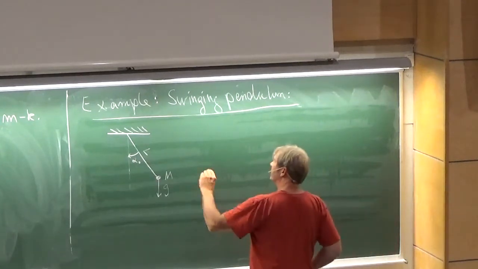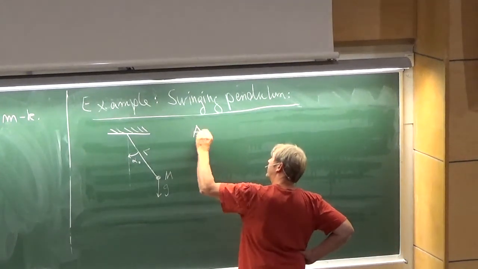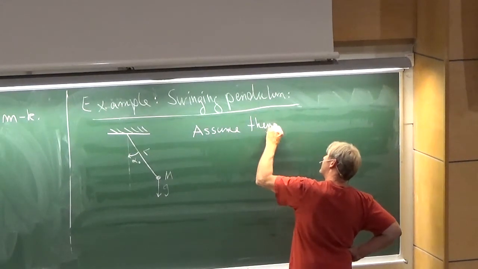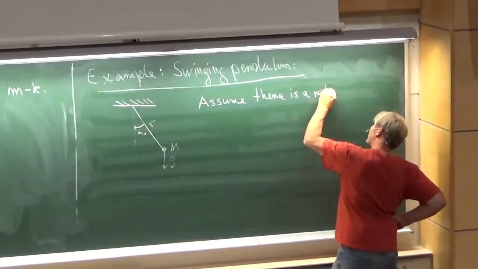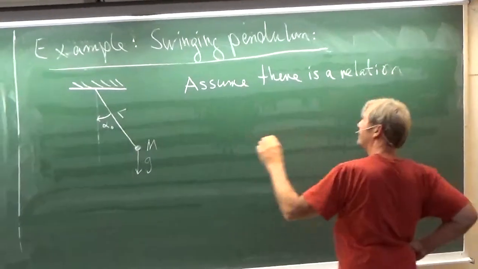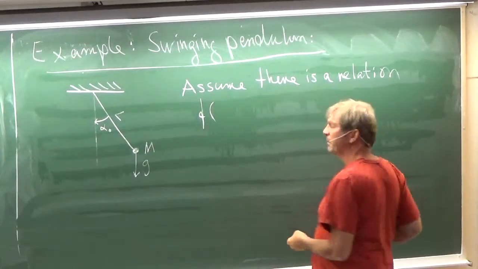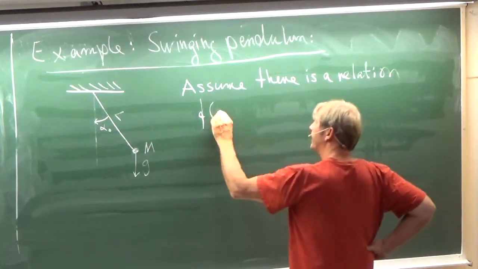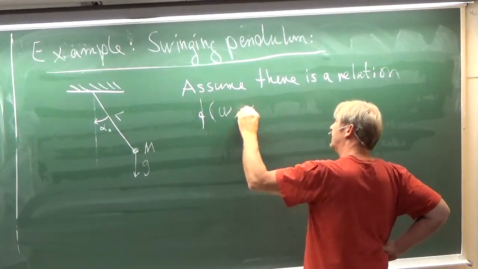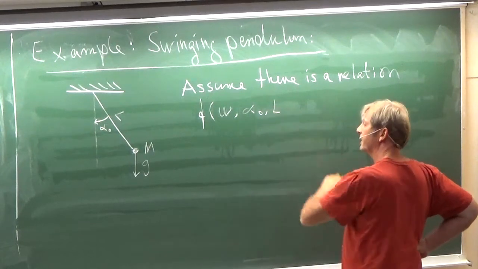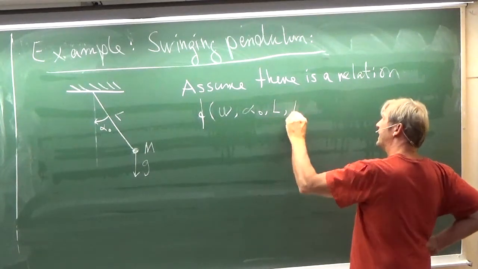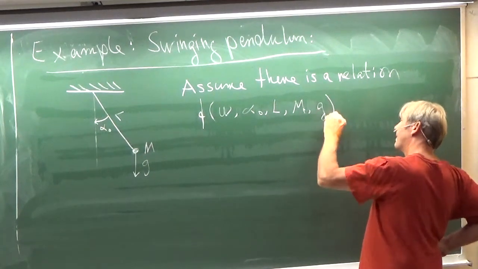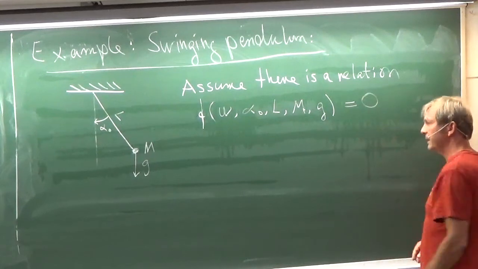We will assume that there is a relation between the frequency, that's the one we find, some function of the initial position, the length of this pendulum, the mass, and which planet we are on, the acceleration of gravity.